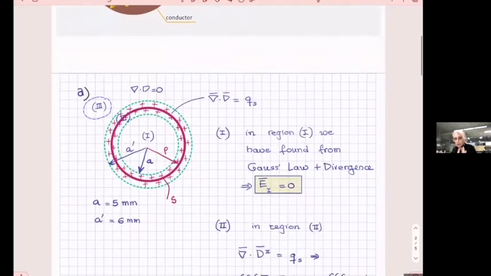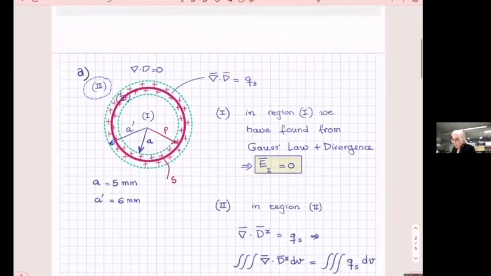It has total symmetry, cylindrically speaking. So I can use Gauss's law if I have that kind of cylindrical symmetry. I do not need to use Coulomb's law, which is more complex. I use Gauss's law.